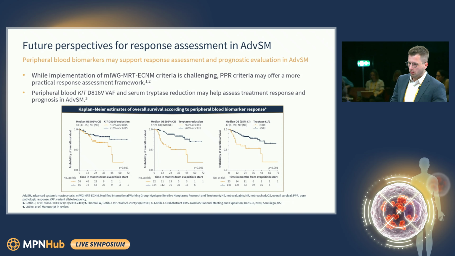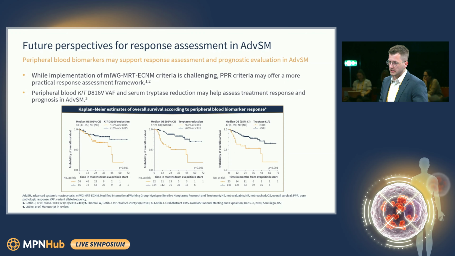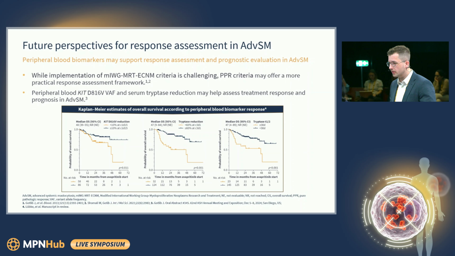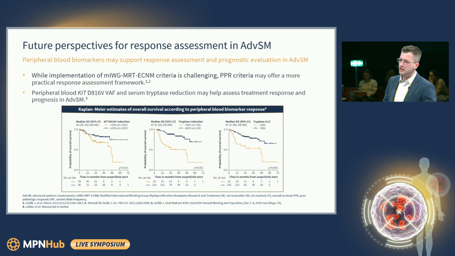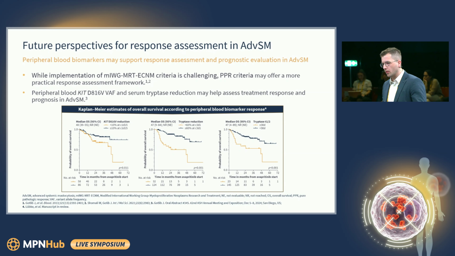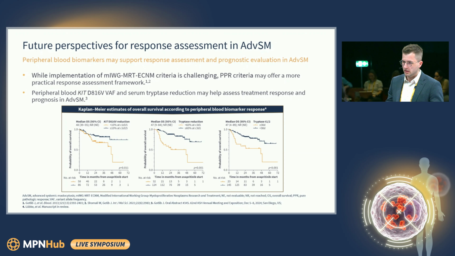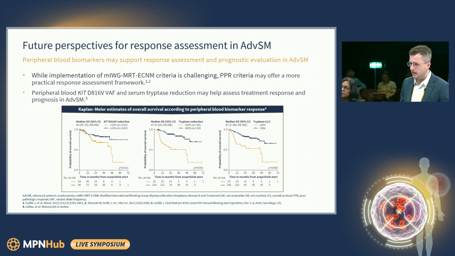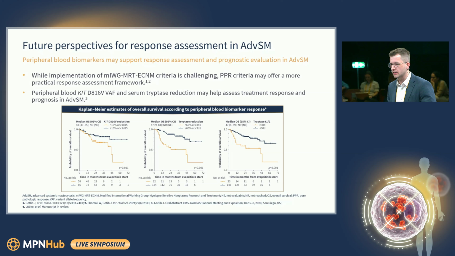Even more simple is the measurement of KIT D816V and tryptase levels from the peripheral blood. These are parameters that are very easily available. And these parameters also allow us to have a very quick measurement of the treatment response, and they can serve as early biomarkers, as shown here in the different Kaplan-Meier curves.